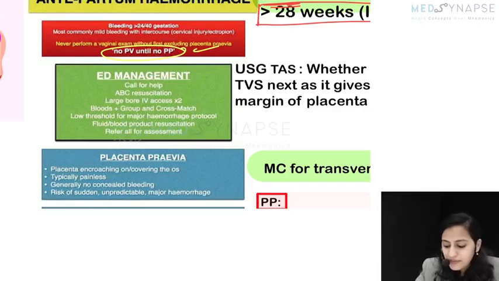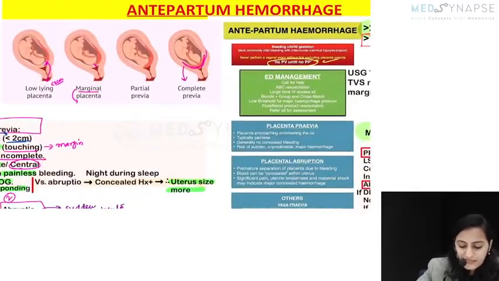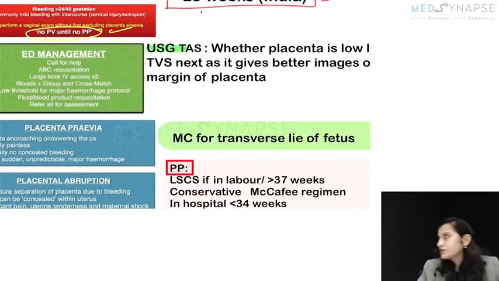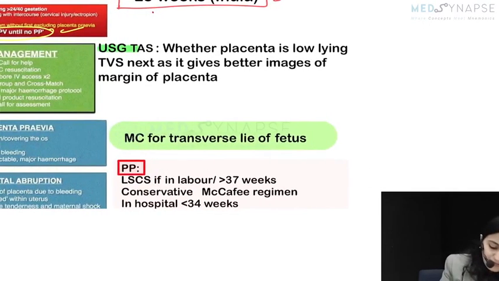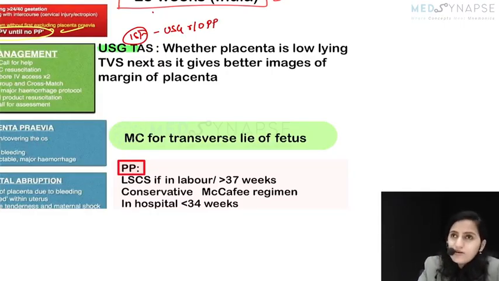No PV until no PP. And how do I prove that there is no PP? What investigation tells me where the uterus is, where the placenta is? USG. So first we will have to do USG, to rule out placenta previa, whether the placenta is low-lying or not.